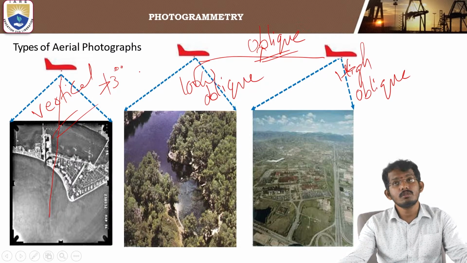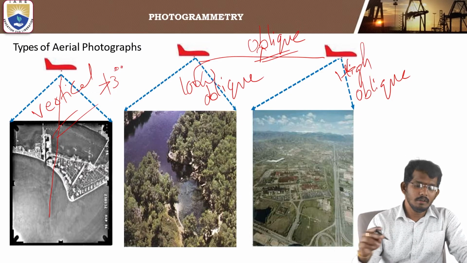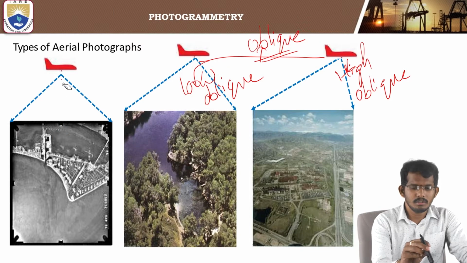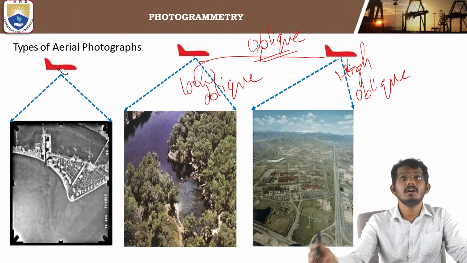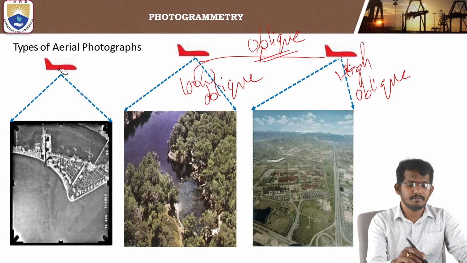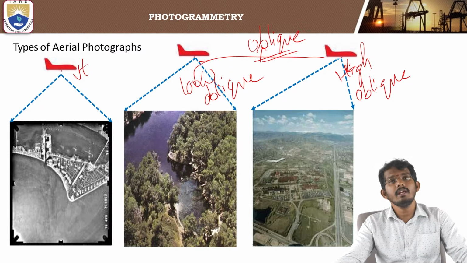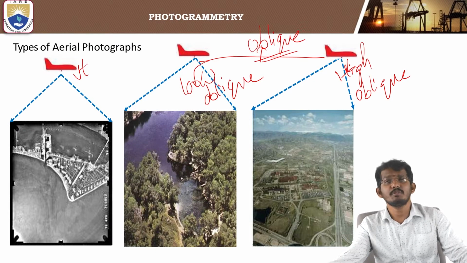It may be tilted slightly. Why? Because when an aircraft is flying in the atmosphere, various factors govern the position of the aircraft, like drag force, gravitational force, thunderstorms, wind pressure, and various atmospheric pressures acting on the aircraft.